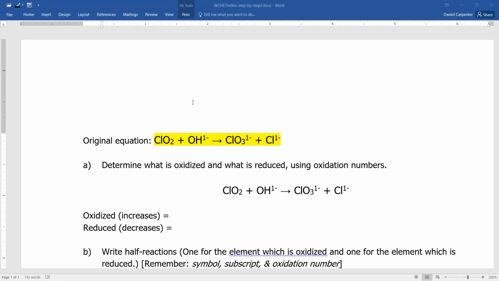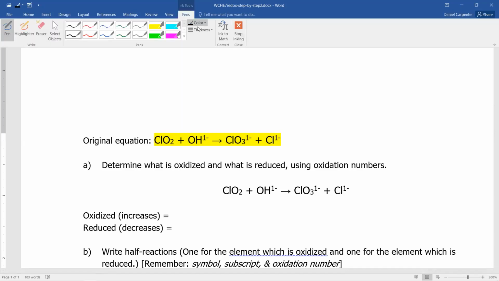That's interesting. All right. So there's an interesting oxidation rule right here.